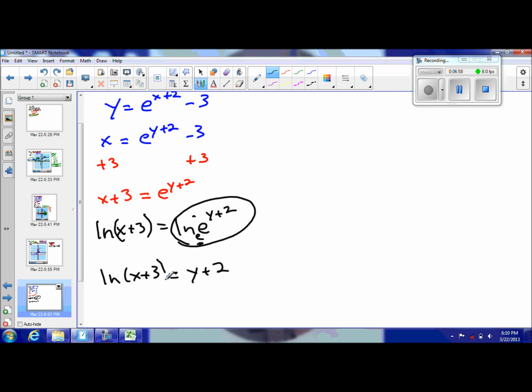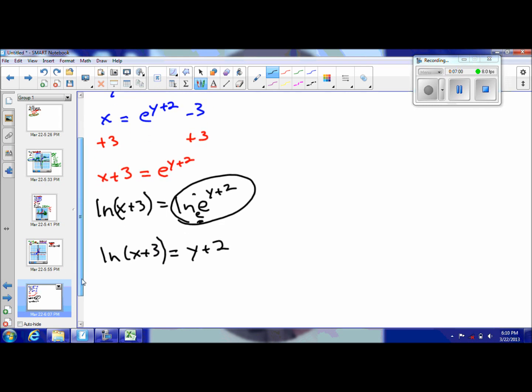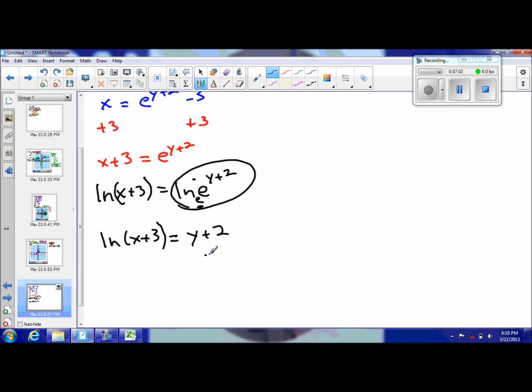Now I'm almost done freeing my y up here. I'm going to subtract 2 from both sides. So I get ln of x plus 3, minus 2, is equal to y.